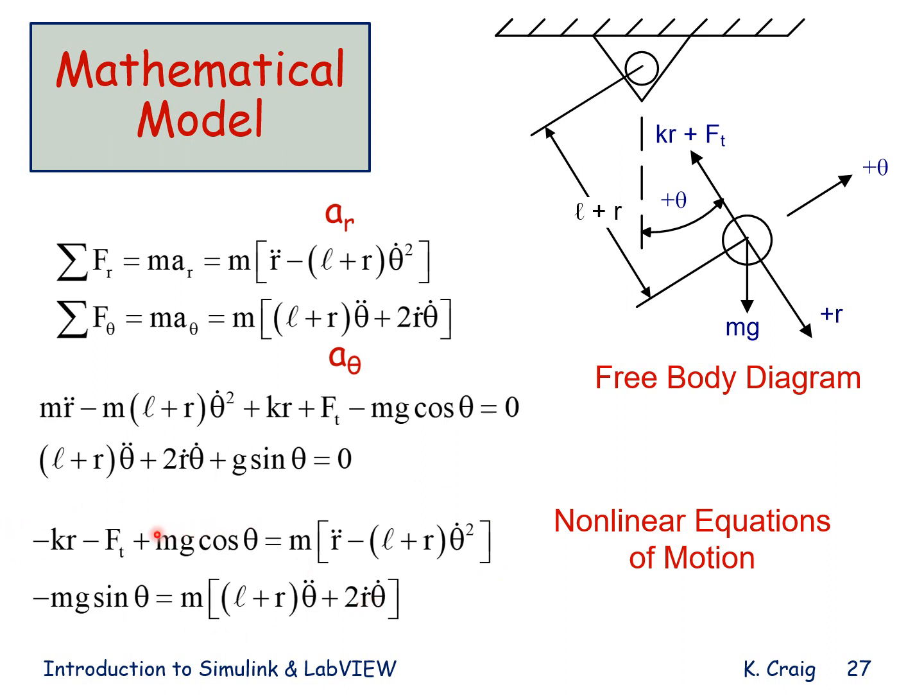On the left, we have the summation of forces in the r direction equals mass times the absolute acceleration of the particle m in the r direction. On the left, the summation of forces in the theta direction. On the right, the mass times the absolute acceleration of the particle m in the theta direction. And so what remains is to build a Simulink block diagram to solve these two equations.